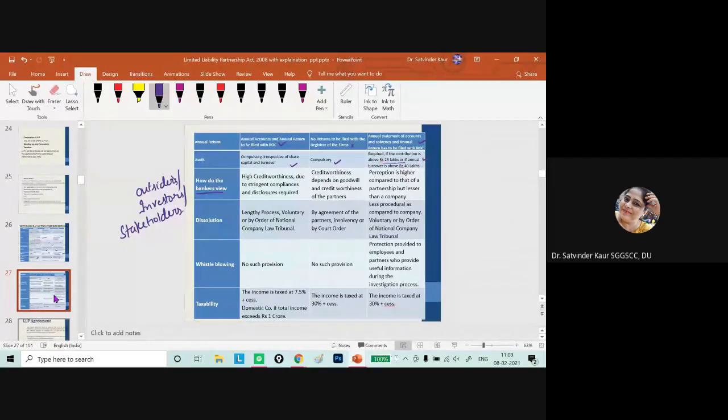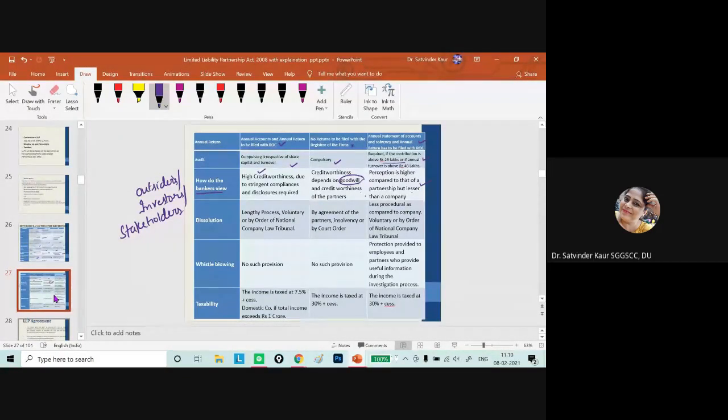As a company has registered legal norms, high creditworthiness is there. But in case of the partnership firm, it would depend upon the goodwill: how the people are working, how long they have been in business, how honest they are, and whether they have grown the business or not. In case of LLP, as compared to the partnership firm, it has more credibility in the market, but lesser as compared to the company.